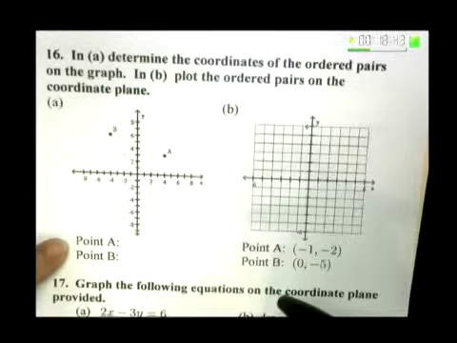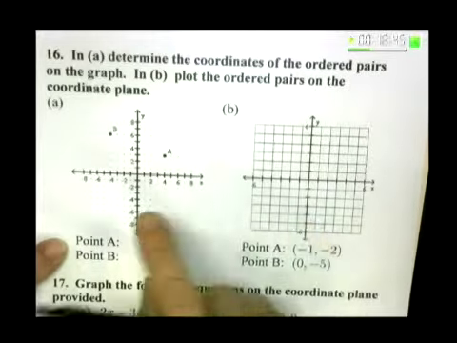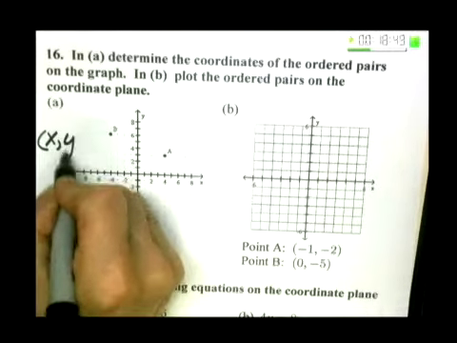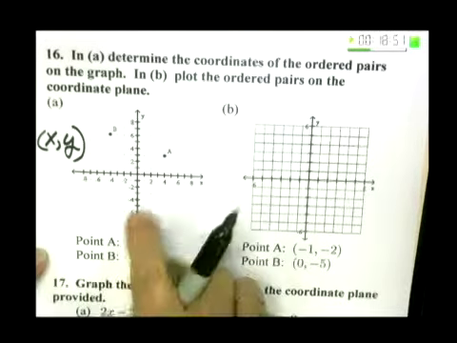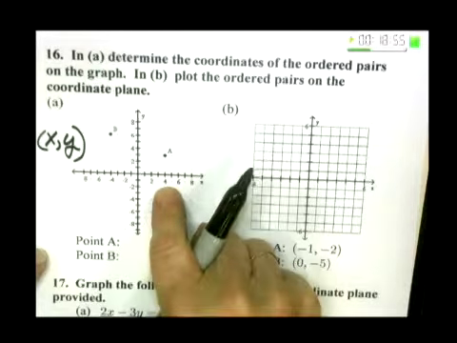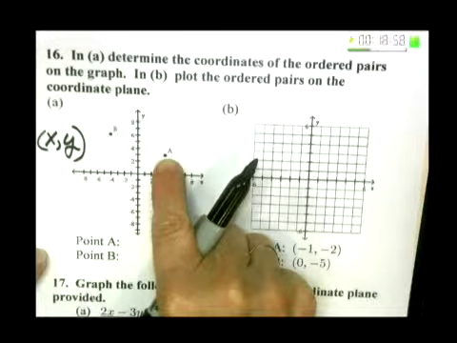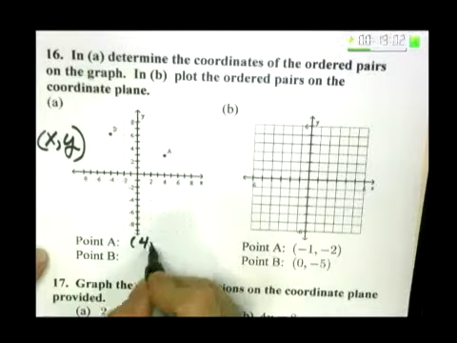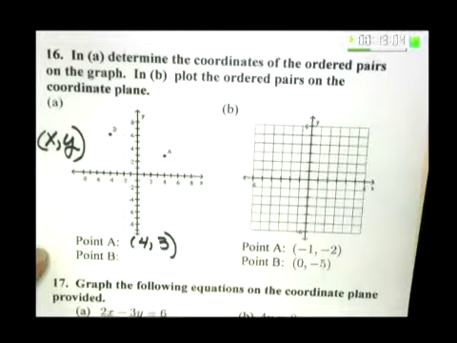So I'm looking at point A. Point A is right here. And remember that your points are always going alphabetically, x, y. So I'm reading across my x-axis to get to point A, and that number is 4. And I go up and I read across, so that coordinate is 4, 3.